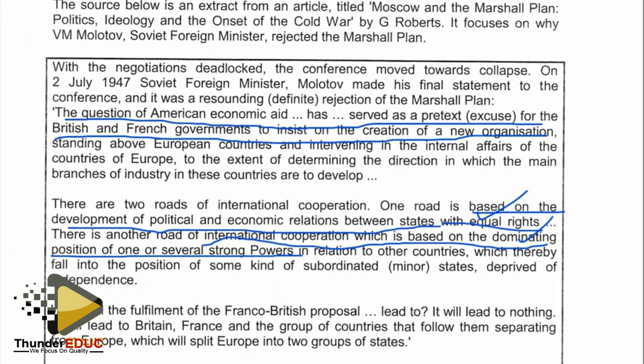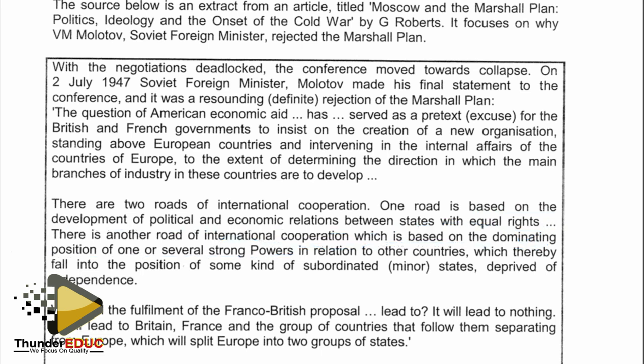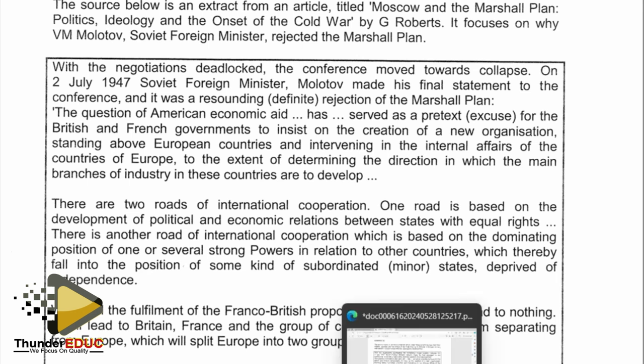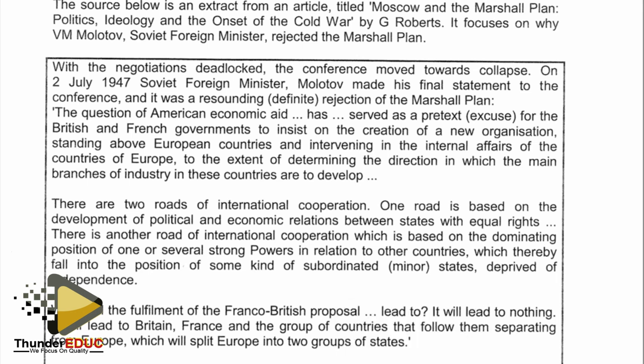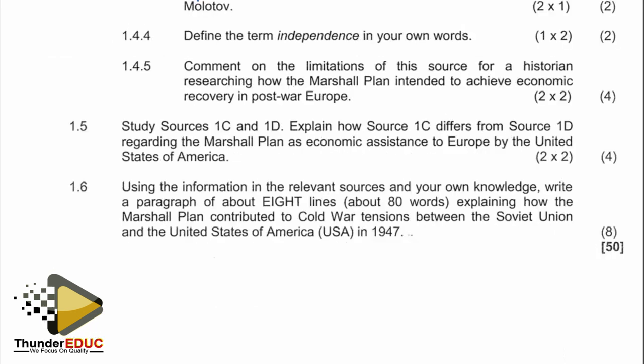But if we check here, source 1D is talking about strongly negative impacts of the Marshall Plan and how it is going to devastate or further worsen the situation in Europe. So we want to check those two sources and show how they contrast each other, or how they portray the Marshall Plan in two different extreme perspectives.